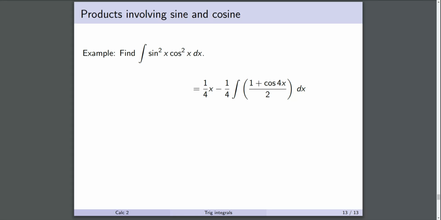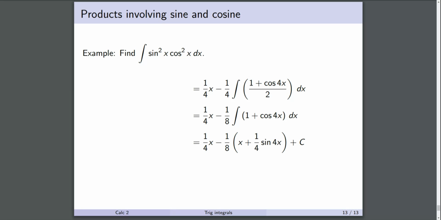Here we started with cosine squared of 2x. And so notice that when we apply our formula, we get a cosine of 4x. We have to multiply 2x by 2. I did some simplification of the constants on my next step, and we see that we have an easy function. We learned how to integrate this in Calc 1.